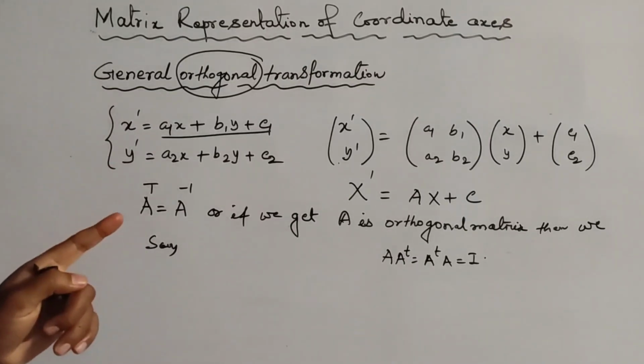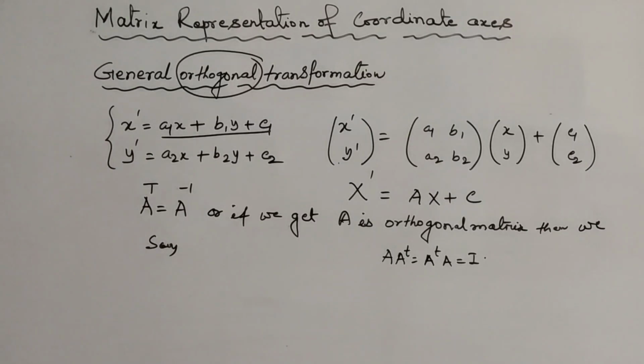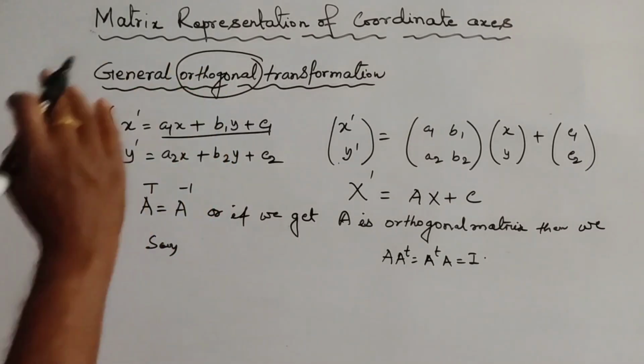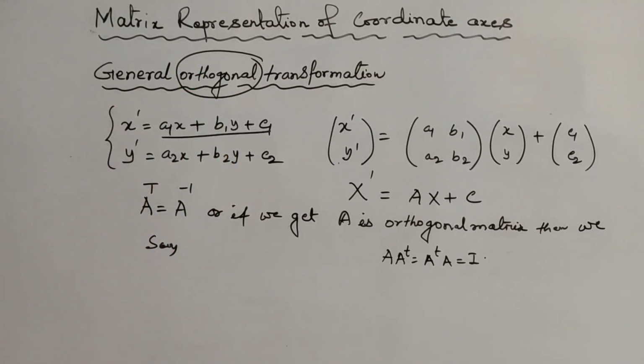And we get all types of transformation from here. Why?